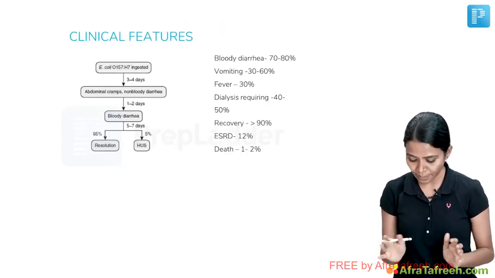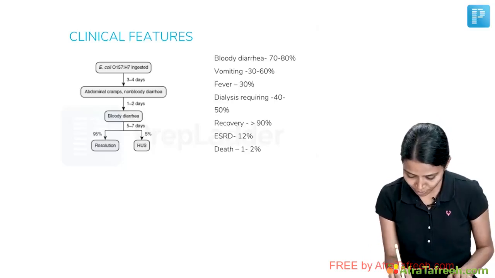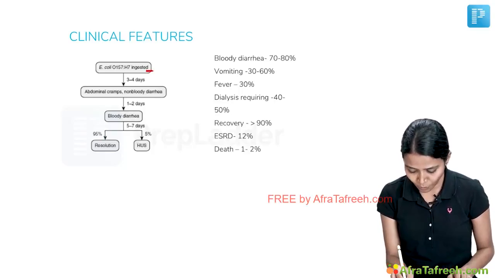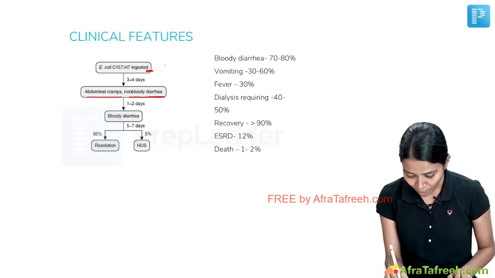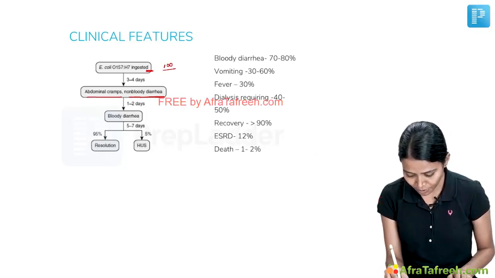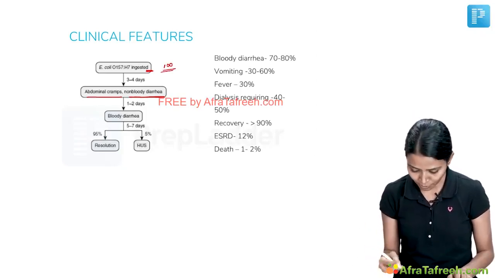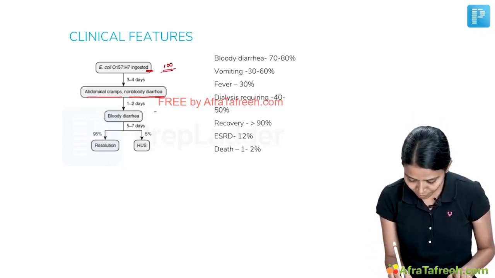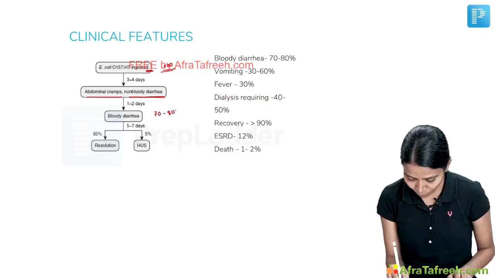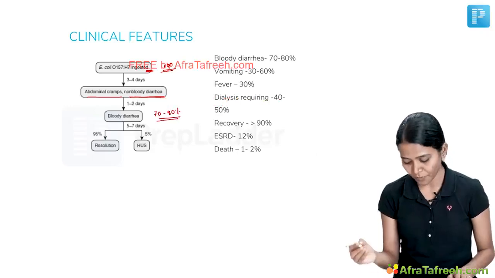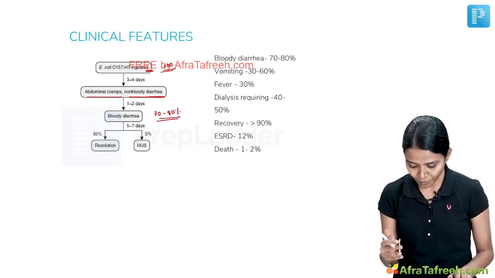So, coming to the clinical features. So, first E. coli is ingested. Okay. Within 3 to 4 days, patients are going to have abdominal cramps and non-bloody diarrhea. Okay. Imagine 100 patients are ingesting it. Within 3 to 4 days, they are going to develop abdominal cramps and non-bloody diarrhea. Out of which only 70 to 80% of patients, that is also a very significant number, are going to develop bloody diarrhea.